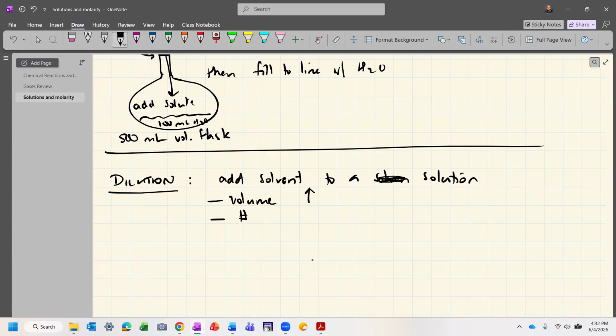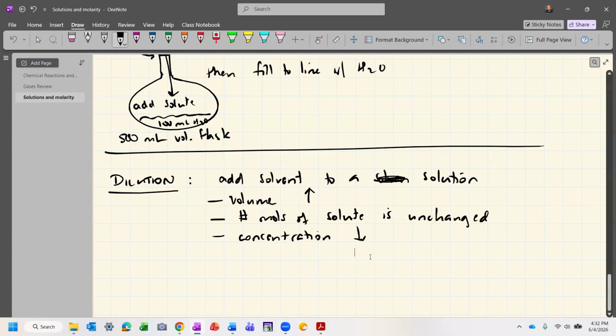The number of moles of the solute is unchanged, right? So we don't change the amount of solute that we have, but because we're increasing the volume, the concentration would decrease.